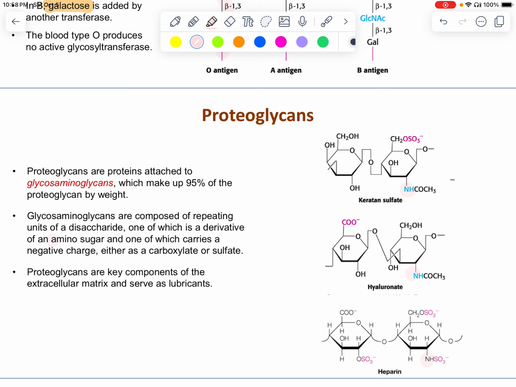Amino sugar, which carries a negative charge, either as carboxylate or sulfate. So we can see up here, we've got this negative charge. Here we go, we've got a bunch over here. So these proteoglycans are key components of extracellular matrix and serve as lubricants.